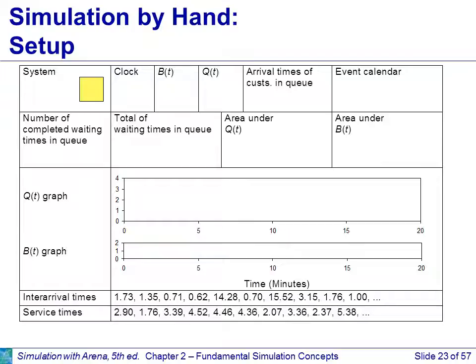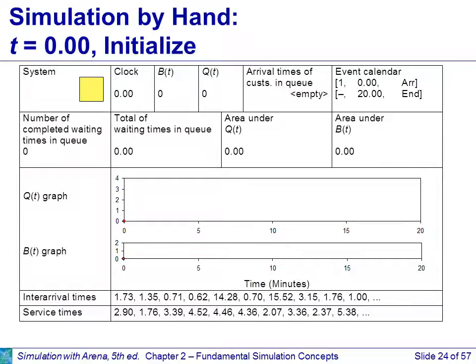When we start, the system is idle, and at time 0, the clock shows now. We have B(t), which is the utilization of the machine. The machine is idle, so we have 0, and there are no parts in the queue, so Q(t) is 0. And notice we have this event calendar, and the event says that part 1 arrives at 0.